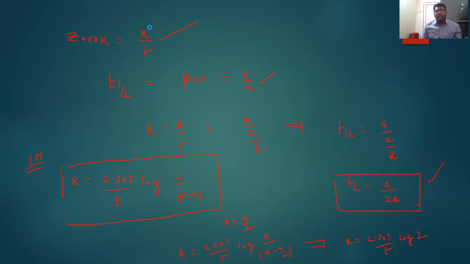Log 2 value is 0.301, so 2.303 into 0.301 is 0.693 by t. Therefore, t half of a first order reaction is equal to 0.693 by K.